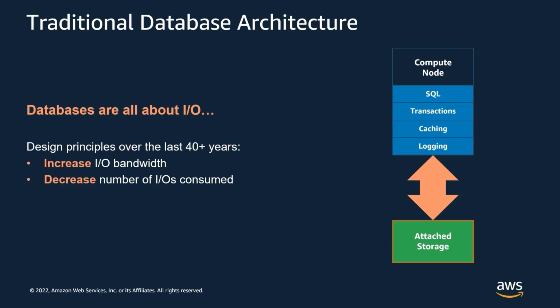The faster the I/O, the faster the database performance. Increasing the I/O bandwidth and decreasing I/Os consumed will greatly improve the database performance. So traditionally, this is achieved by making storage local to the database, and that reduces I/O bottlenecks. While this can be a very effective way of achieving higher performance, it also introduces scalability and availability challenges.